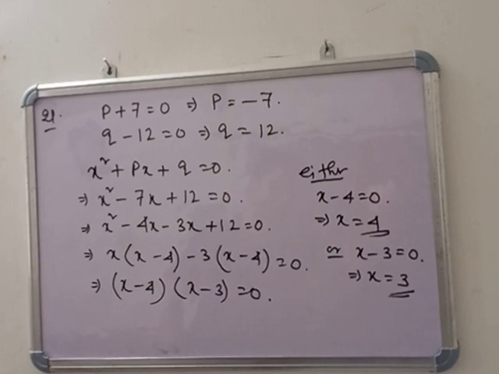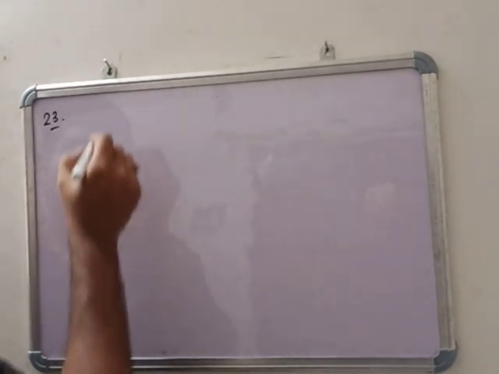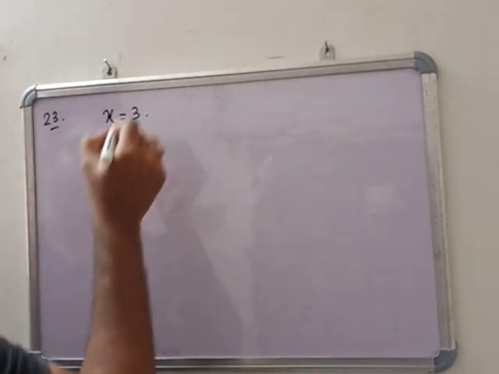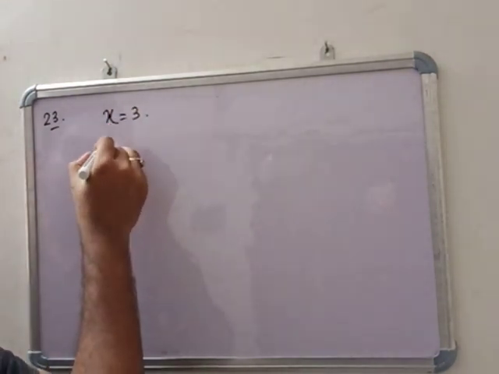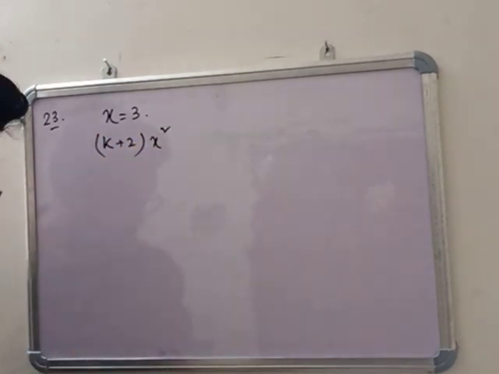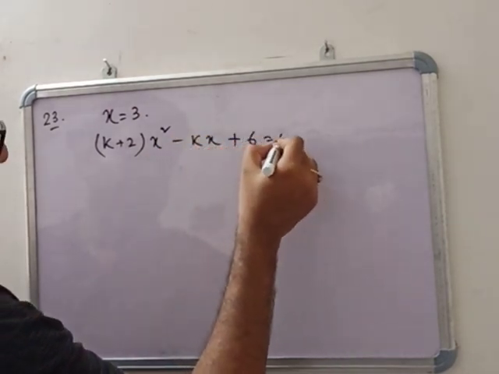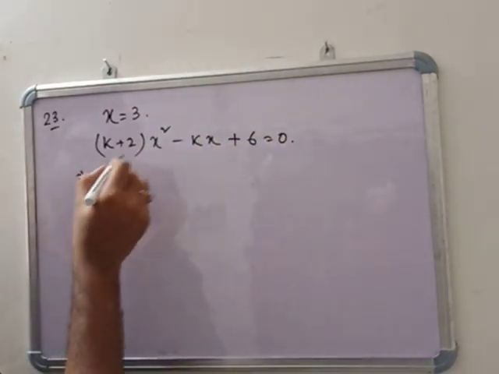Next one. Now in number 23, see that x equals 3 is a solution of the equation k plus 2 x square minus kx plus 6 equals 0. So x equals 3 is given.